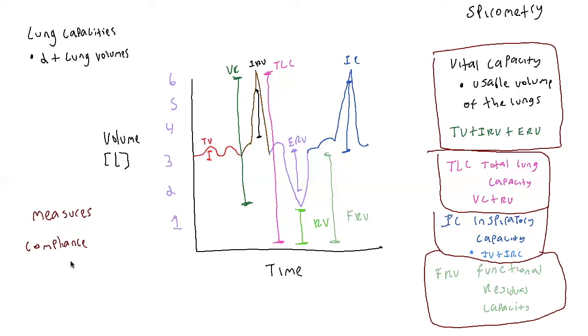Now, on the other hand, we have elastance, and this measures the ability for the lungs to recoil naturally once the force is removed. So compliance is the lungs' ability to expand, and elastance is the lungs' ability to recoil. As we talked about, the lungs are rather elastic. And because of that, they should be able to stretch and recoil normally.